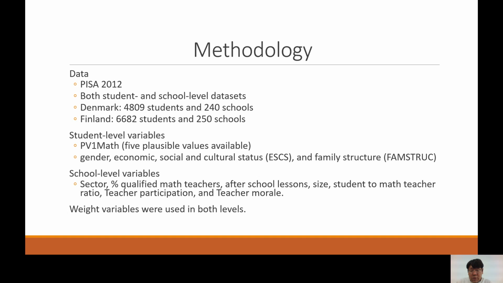And also PISA, large scale data, was produced from surveys. So when we conduct a survey, there should be a weight, a sampling weight. So sampling weights were used in both levels to calculate how many units in the population one unit in the sample represents.